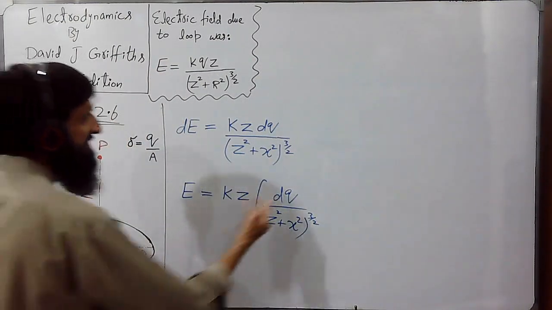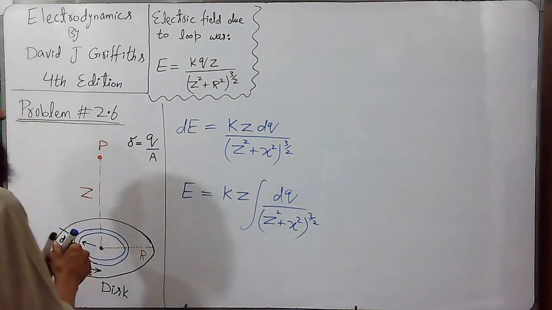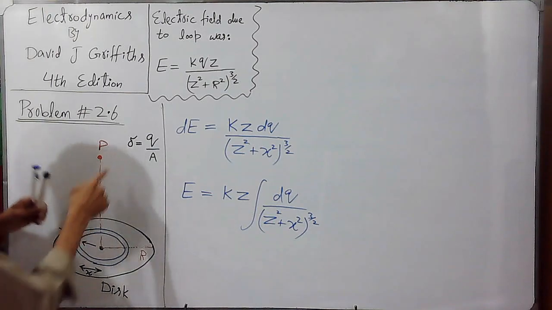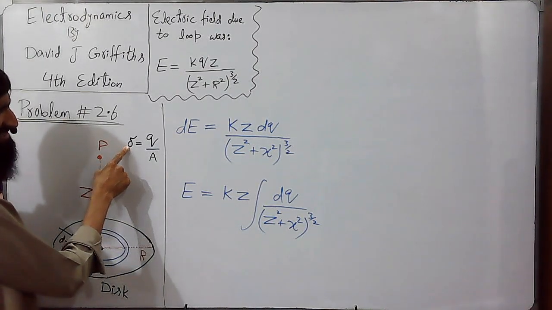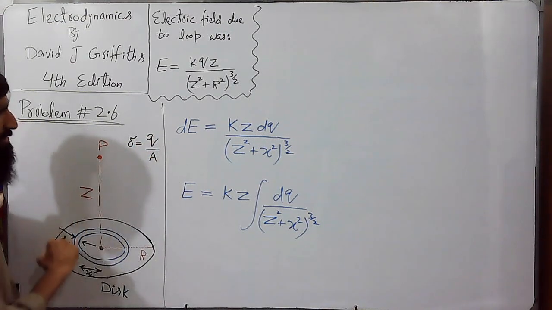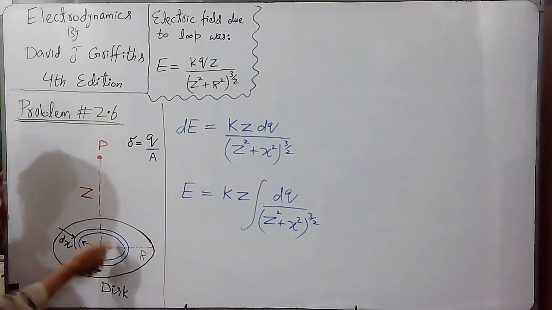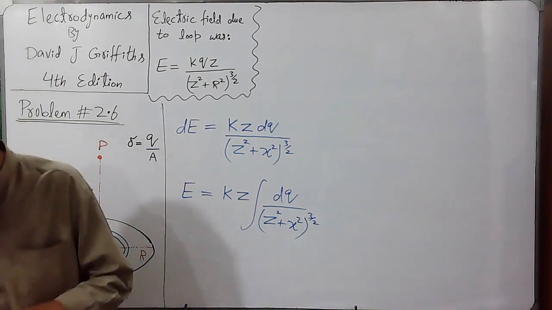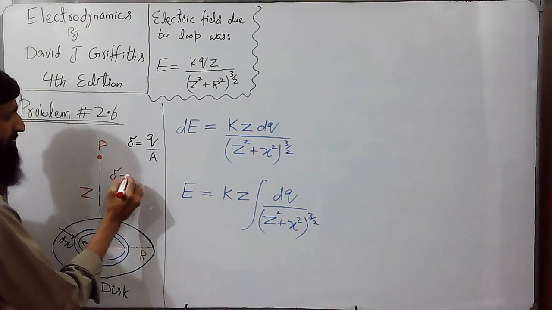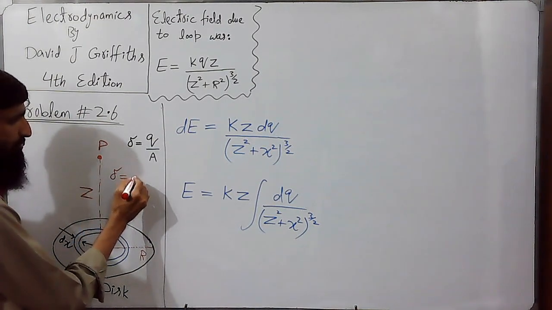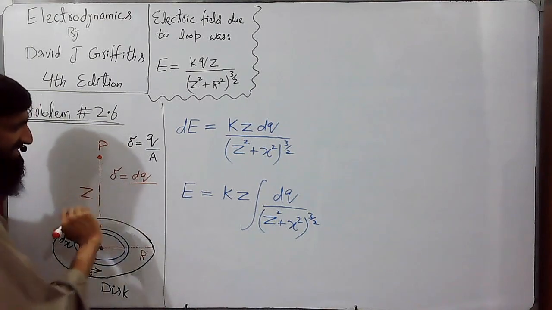To convert this q variable into the x variable, we know that sigma is the charge density, that is q divided by a. If I use this charge density for this loop, I will write sigma equal to the charge contained by that loop divided by the area of that loop.